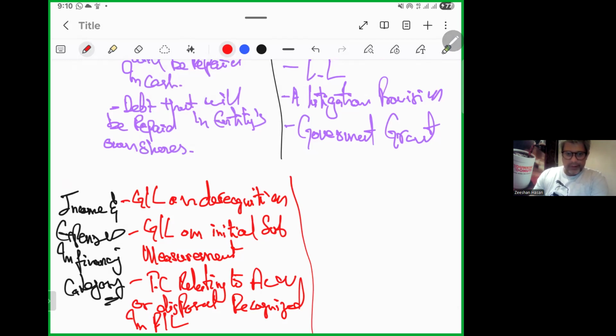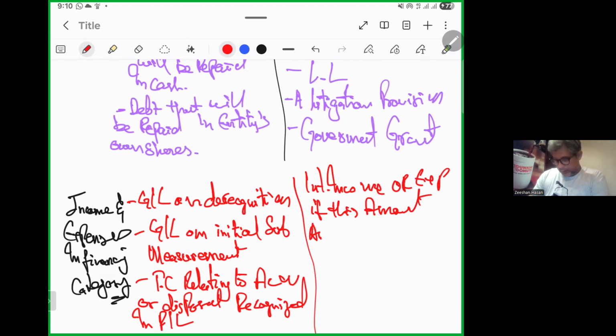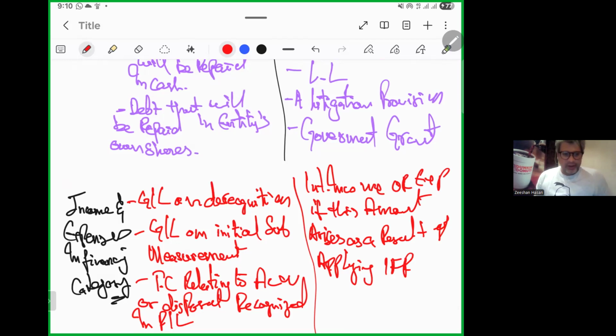For transactions not involving only the raising of finance, it's interest income or expense if this amount arises as a result of applying an IFRS accounting standard.